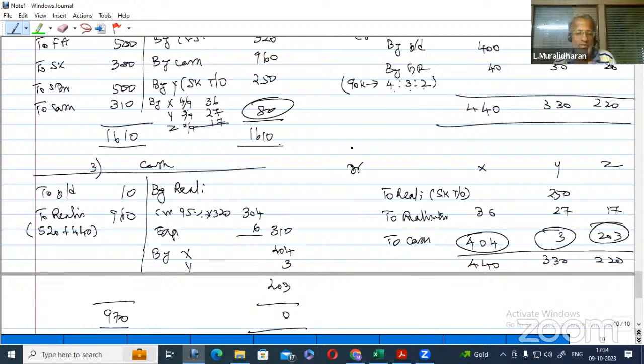Now let us effect the total. It should automatically agree. 310 plus 404. Here is a place where this number is not correct. 330 minus 277, 53 it is. Extremely sorry. It is 53.